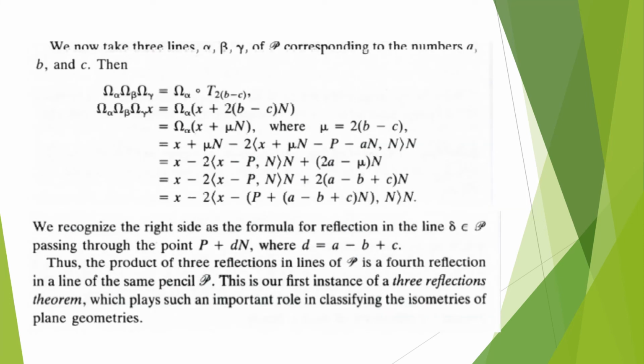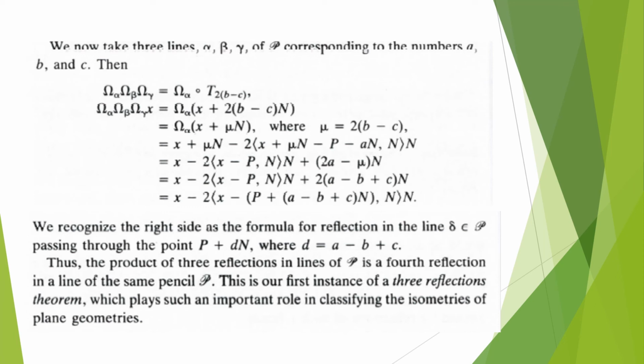We now take three lines, alpha, beta, and gamma of P corresponding to the numbers a, b, and c. Then we have the product of the three lines alpha, beta, and gamma is equal to omega of alpha times the translation t sub 2 times b minus c.